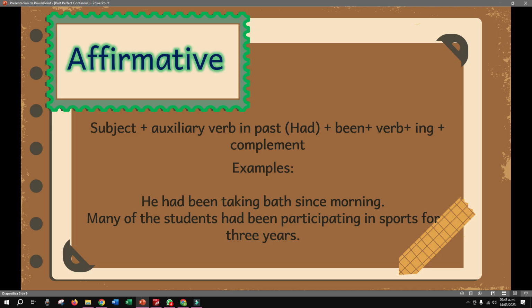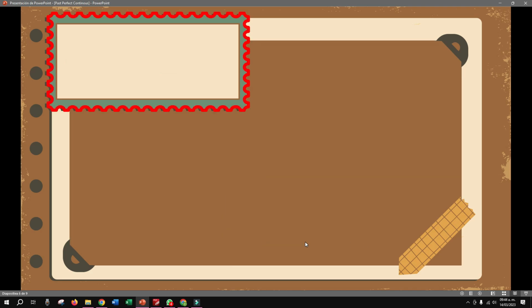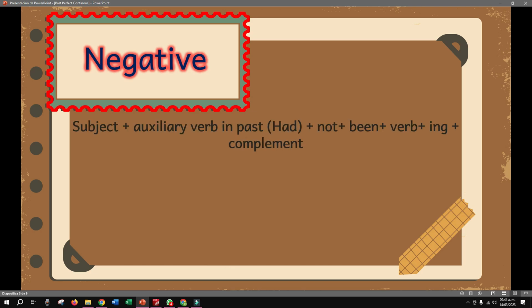But in this case, you have many of the students, then the first auxiliary in past, that is had, and been, that is the verb to be in past participle, the main verb that is participate with ing. Don't forget the ing there. In sports for 3 years, right? Also the negative form.